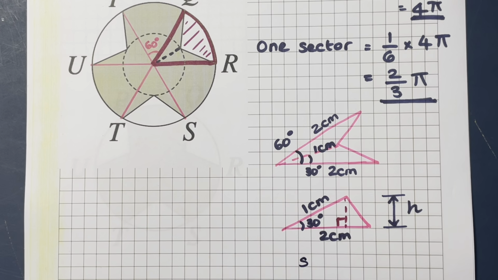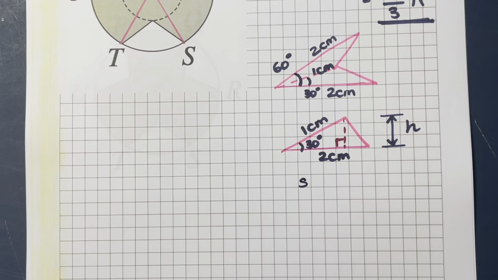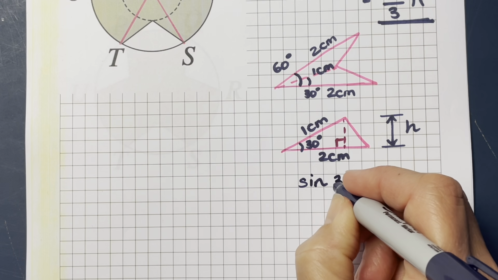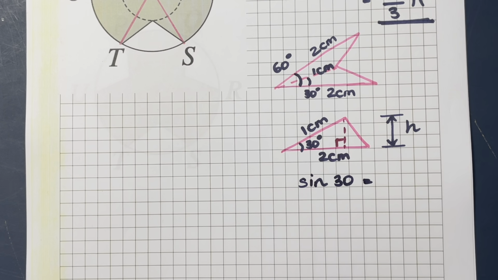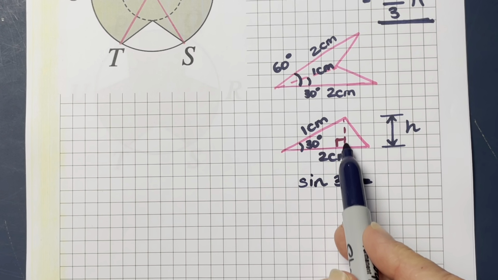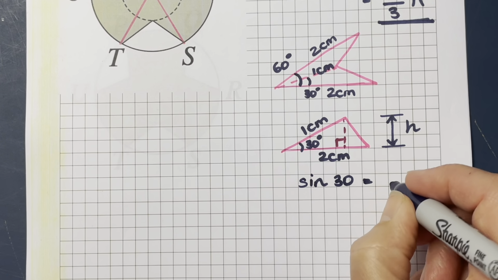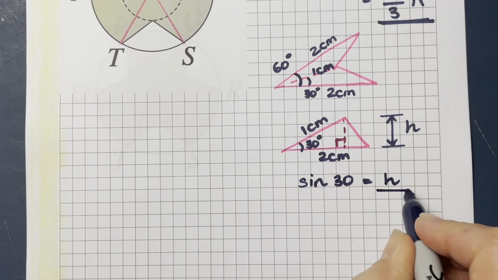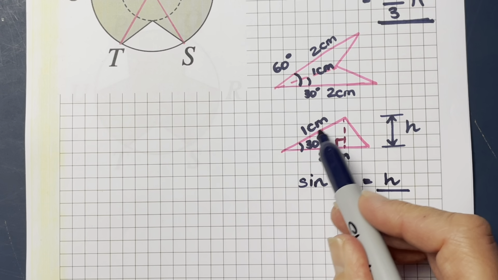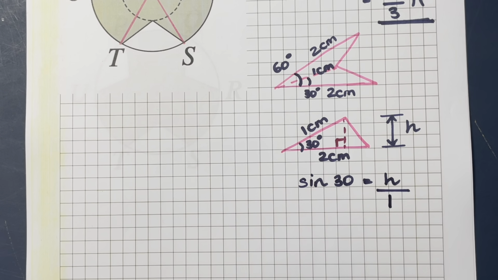You still see what I'm doing? I know that sine of 30 is my opposite, which is H, over my hypotenuse, and my hypotenuse is 1.